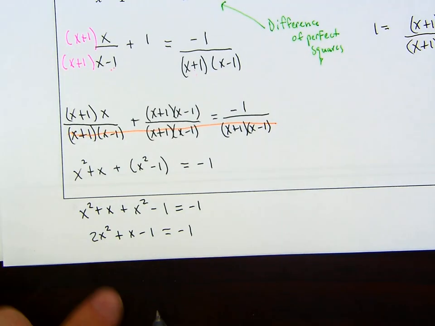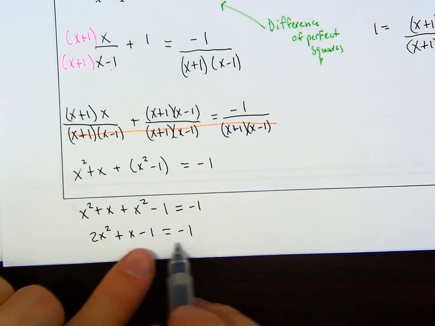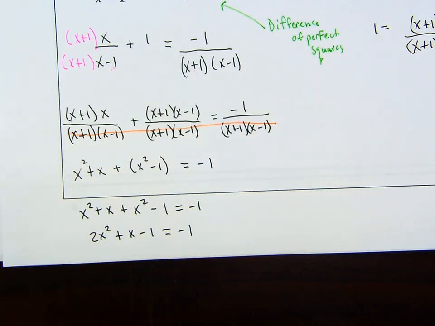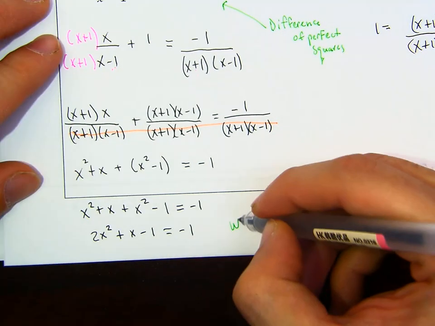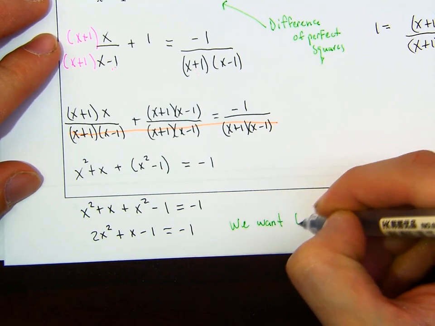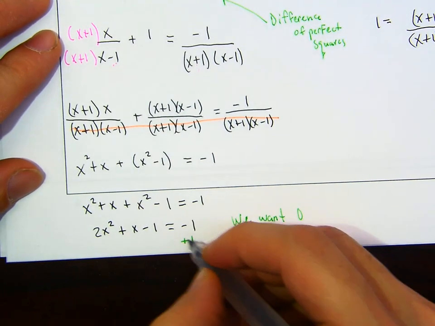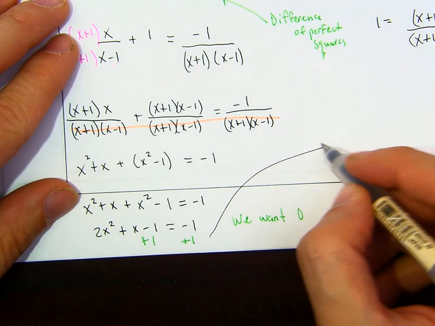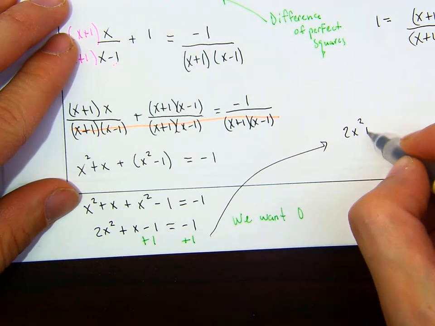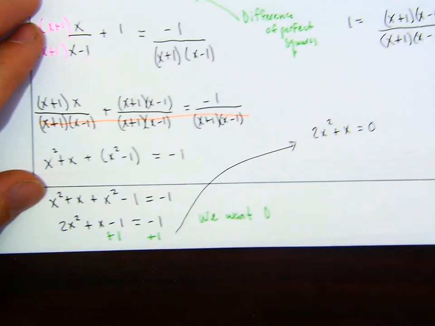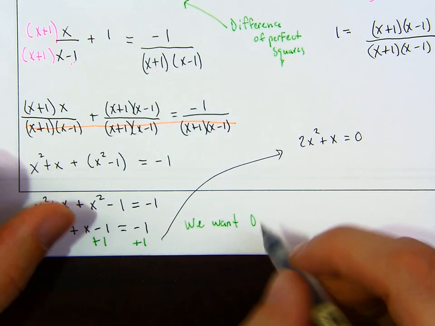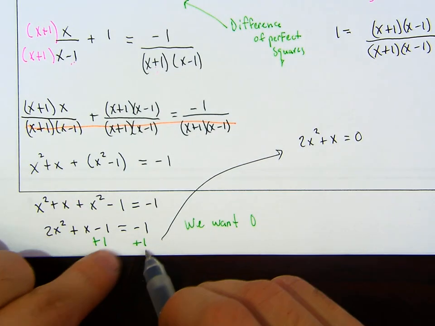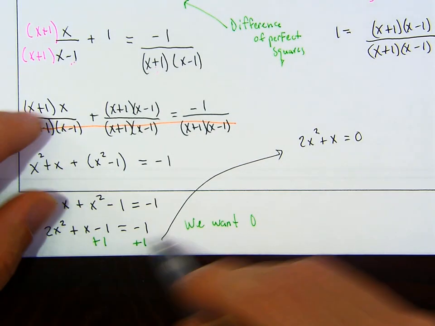And once we get to this point, we want 0 on one side. So here we'll add 1, and notice this just becomes 2x squared plus x equals 0. Okay, because when you add positive 1 to each of these, it just becomes 0.